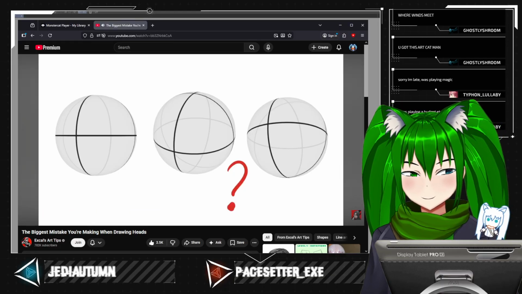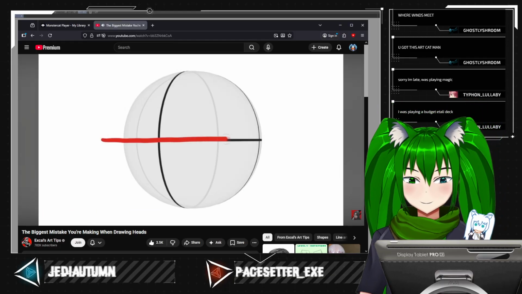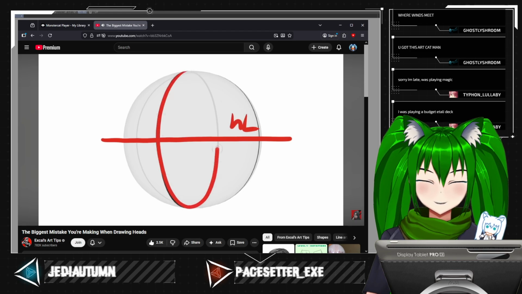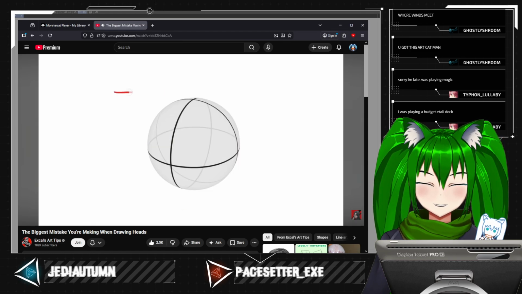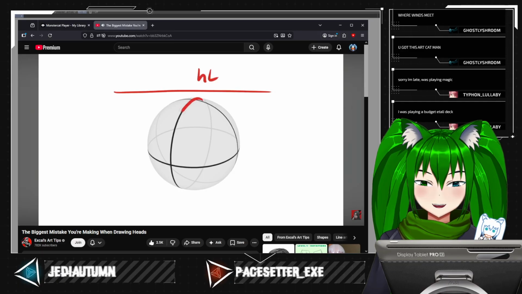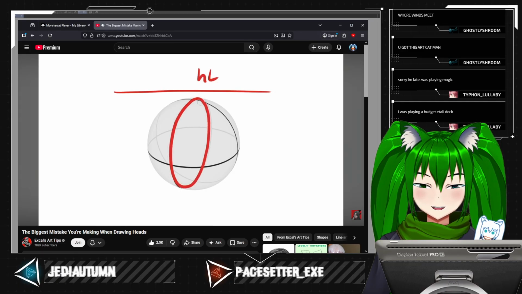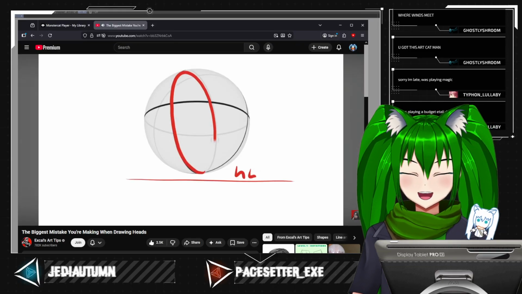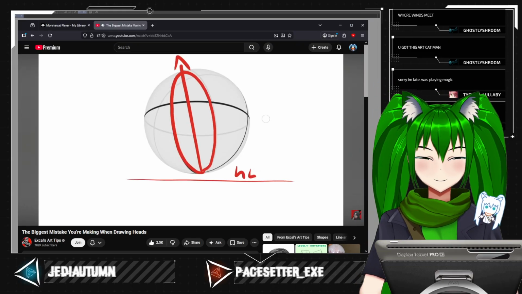There's basically 3 patterns. When the middle of the sphere lines up with its own horizon line, the vertical ellipse will be perfectly vertical. When the sphere is below its horizon line, the vertical ellipse will be angled backwards, and when the sphere is above its horizon line, the vertical ellipse will be angled forwards.